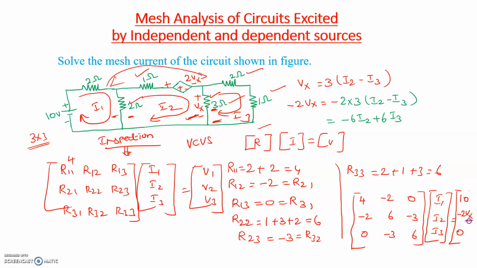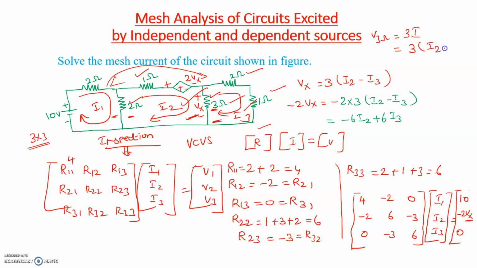So how do we calculate this Vx? Vx is the voltage across the 3 ohm resistor, which is equal to resistance into current. What is the current flowing in the 3 ohm resistor? There are two currents flowing in the 3 ohm resistor, the I2 current as well as the I3 current. I2 and I3 are flowing in opposite directions.